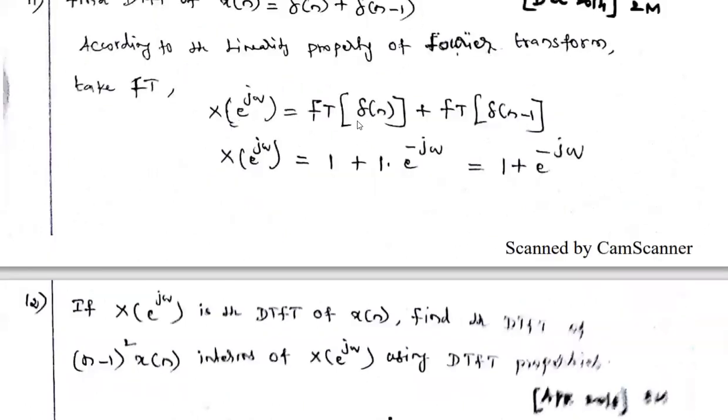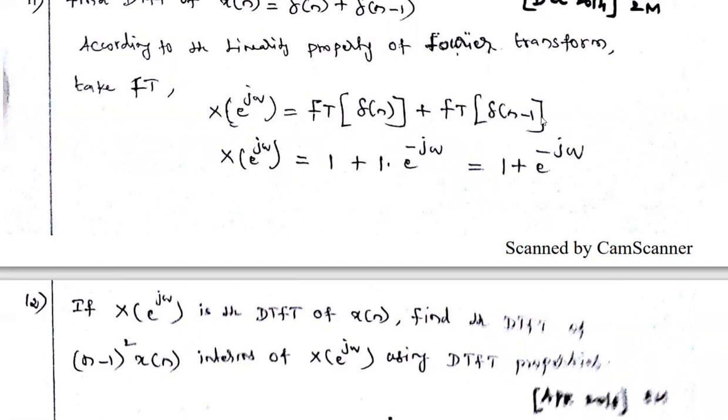You already know that the DTFT of the impulse sequence is 1. This is the first standard signal we discussed. Here I am simply writing DTFT as Fourier transform. So what is the Fourier transform of del of n minus 1?